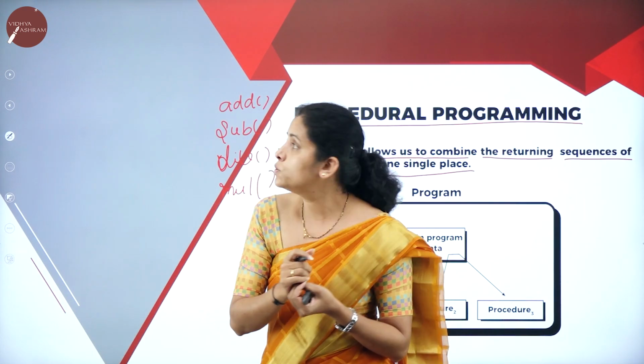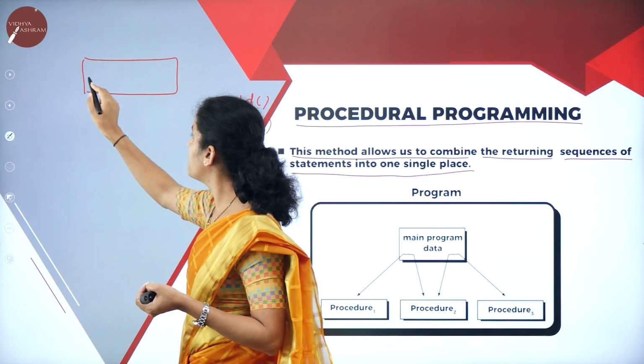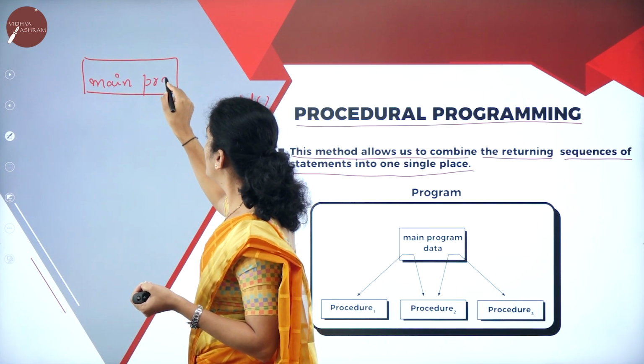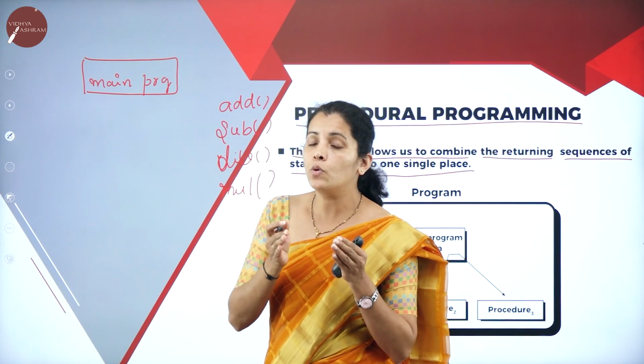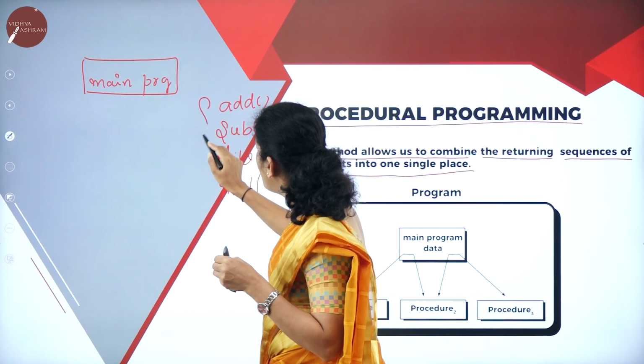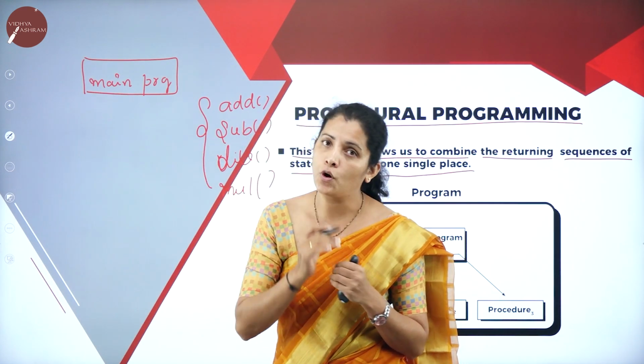So at the beginning, I'm going to write the main program. This is my main program. And I'm going to write a smaller program for these 4 functions or these 4 options.